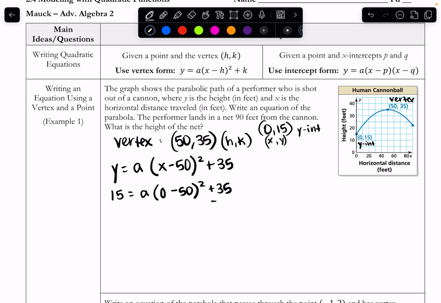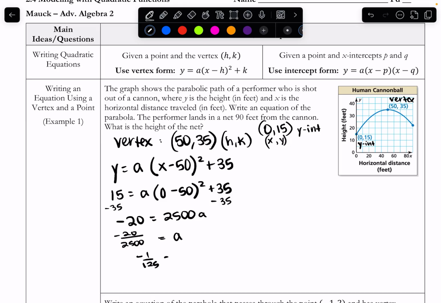I'm going to just solve this for a, so move that 35 over. I'll have negative 20 is equal to negative 50 squared, which is going to be 2,500, times the a, which then makes a negative 20 over 2,500, which does reduce down to negative 1 over 125.